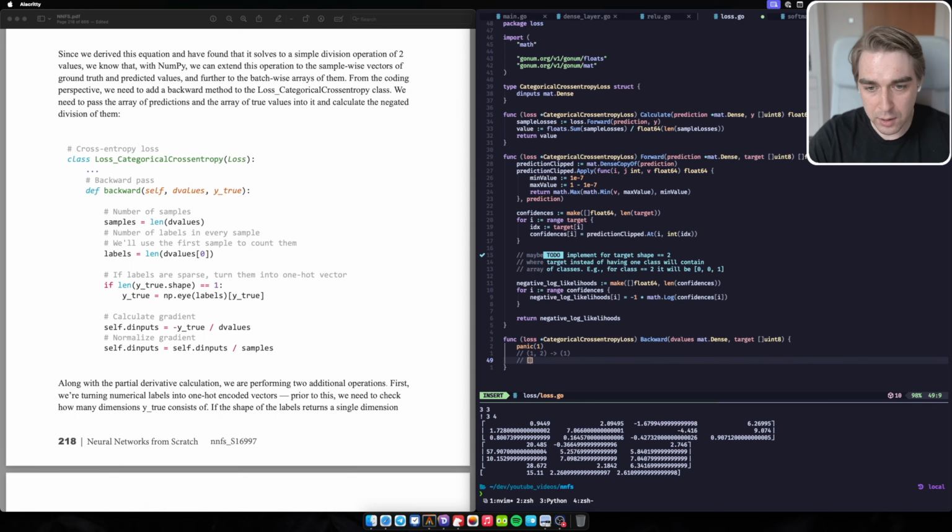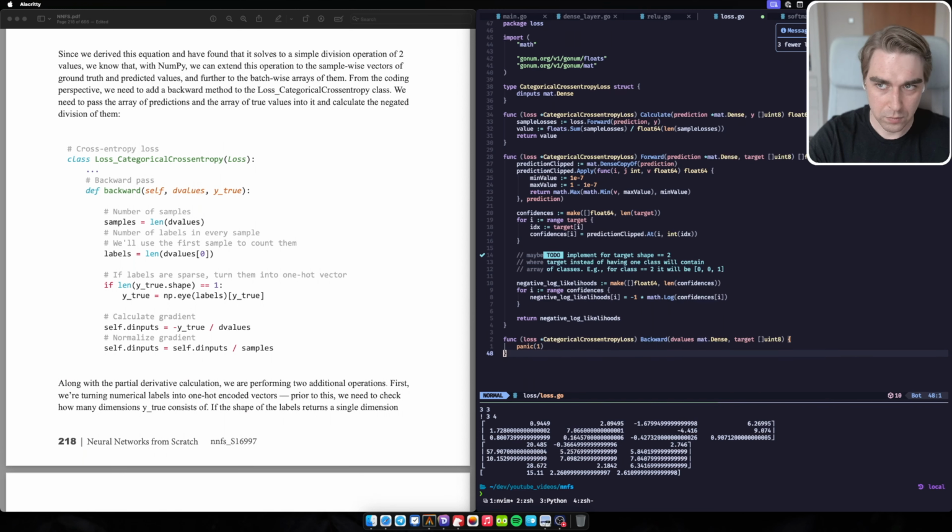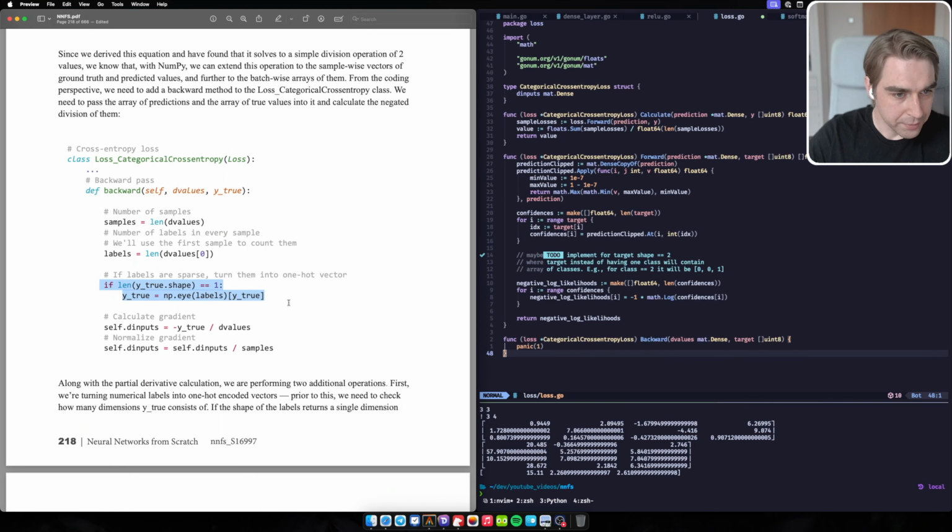So in my case I will have it as one value, but the opposite could be, for example, if we have 3 classes, it will be like this. It means that the index where we have the value of 1 represents the target class. So I have this way of encoding, right? So then, for example, this condition will be relevant for me.